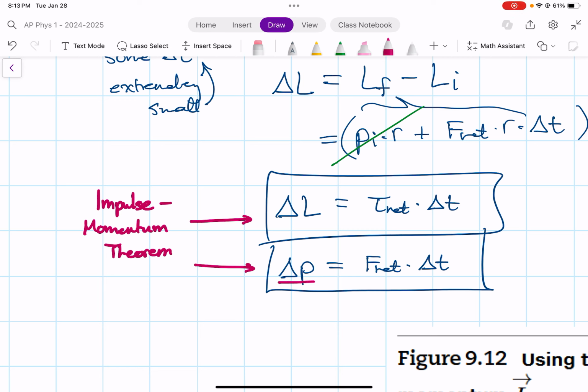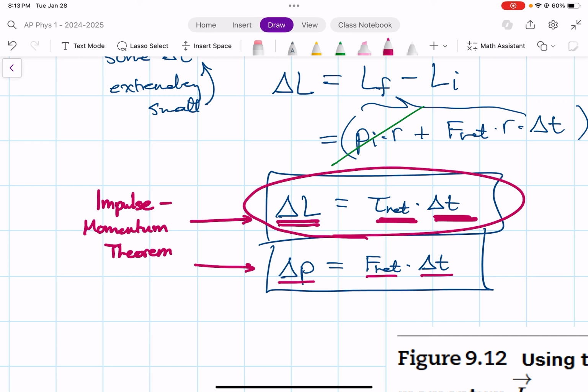So change in momentum is F net times delta T. This is just the rotational counterpart. So you have net torque times delta T is change in angular momentum. That was really neat. And essentially this is what we look at to determine if it's conserved or not, and also how to calculate the change in the angular momentum.